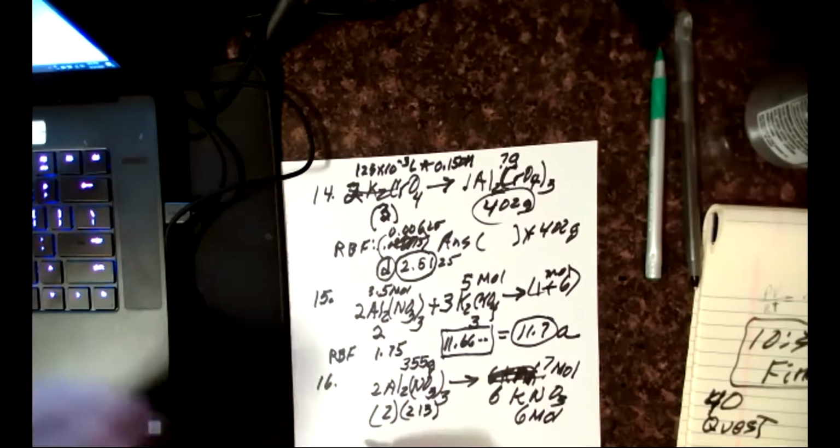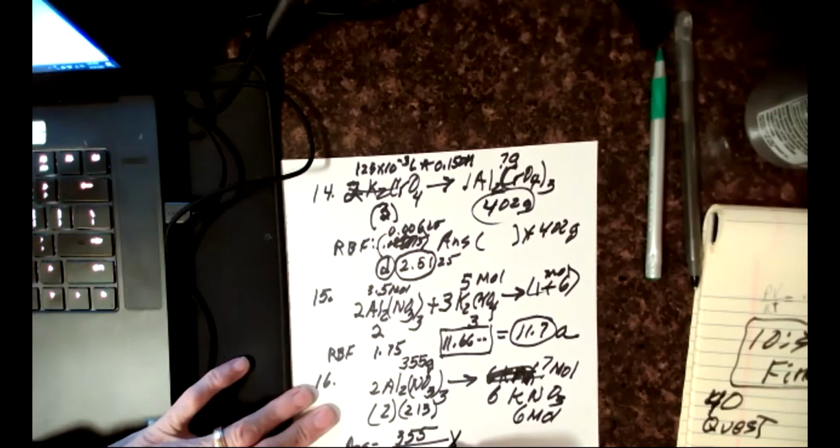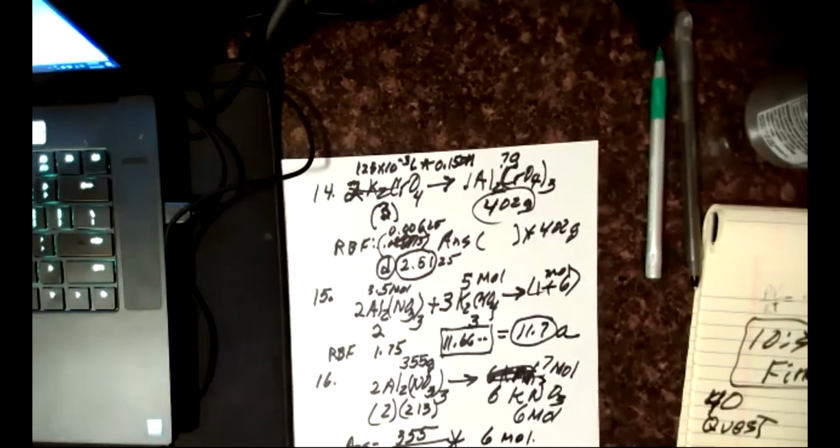So there's my rebalancing factor. My answer is going to be 355 divided by 2 and divided by 213 and multiplied by what's under my question mark over here, 6 moles.